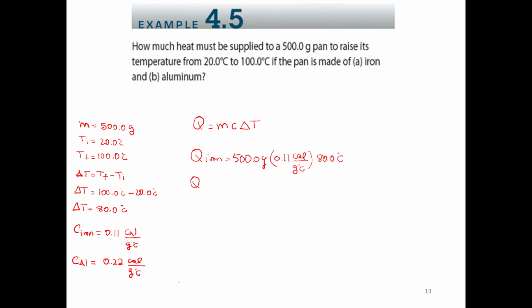Then if we multiply these numbers together, we will get 4,400. And let's check the units. We expected cal, and this is the unit we expected: gram cancels out with gram, degrees Celsius cancels out with degrees Celsius, and we have cal. And let's convert this one into kilocalories. The problem doesn't say, but in some problems you have to calculate in kilocalories.